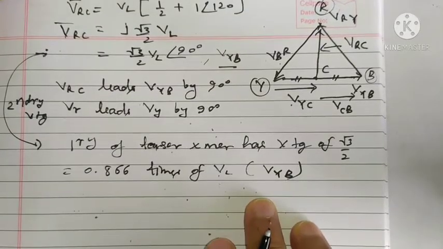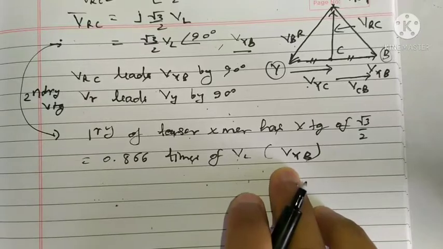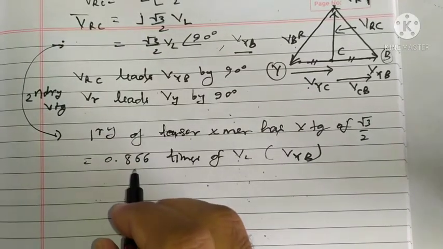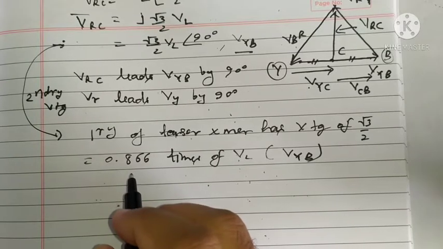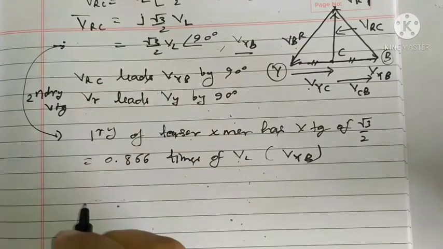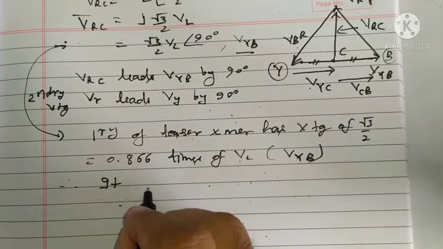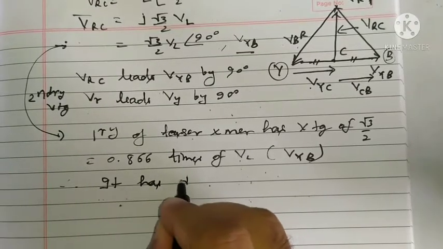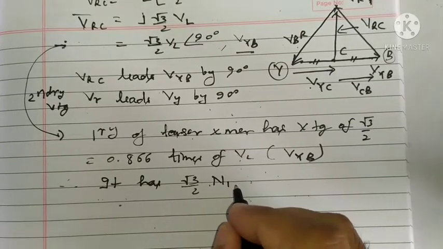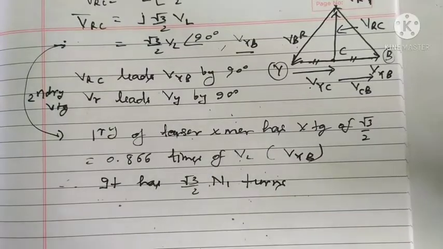So the main winding transformer primary voltage is VYB, that is VL, and the voltage of the teaser transformer primary winding will be root 3 by 2 times the main winding voltage, right? Therefore the teaser transformer has root 3 by 2 times the turns of the main winding transformer, right?